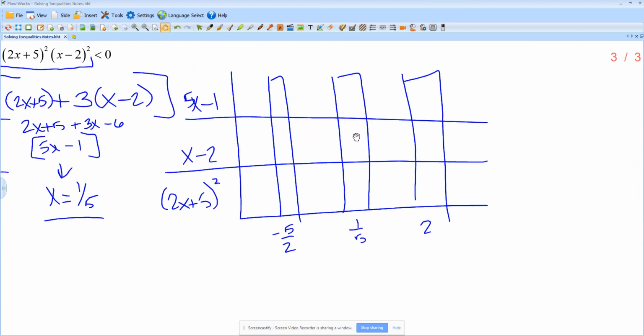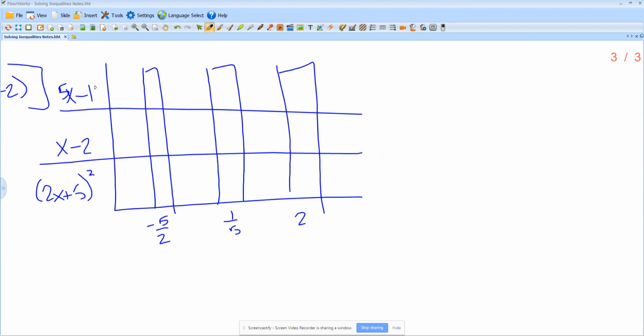So I'm just going to scoop this on over now. Putting in my zeros, I have a 0 here at 1/5. I have a 0 here at 2. And I have a 0 here at negative 5 halves. The top 2 of these are linear increasing, so negative to positive. This last one is interesting because you look in here and you're like, linear increasing, but this whole thing is being squared.